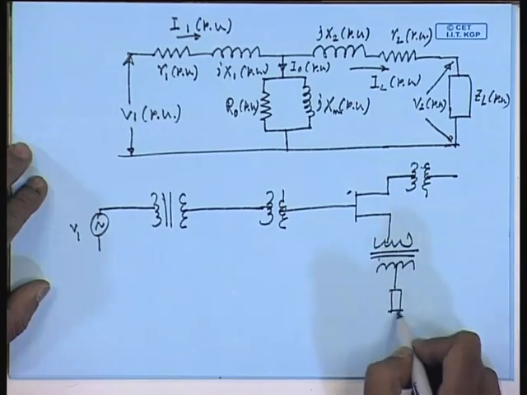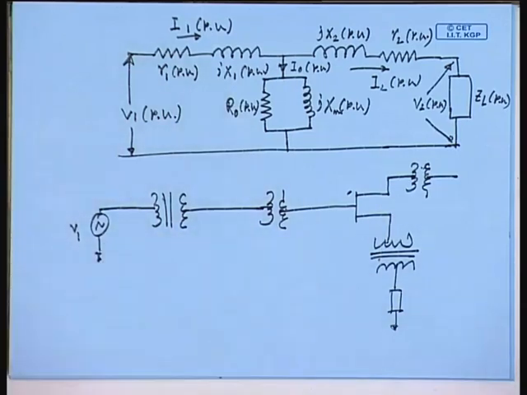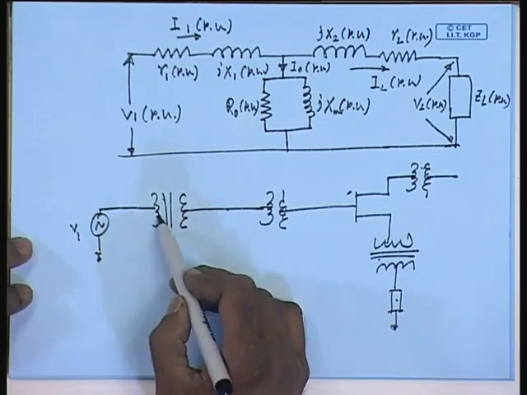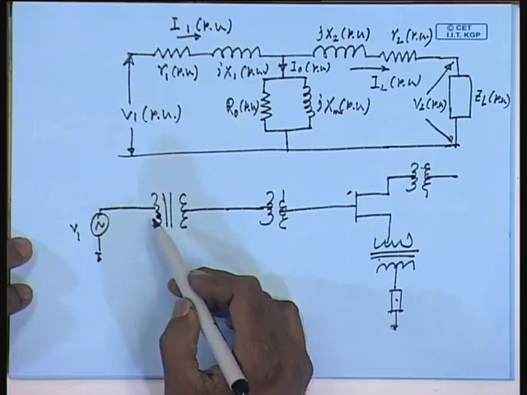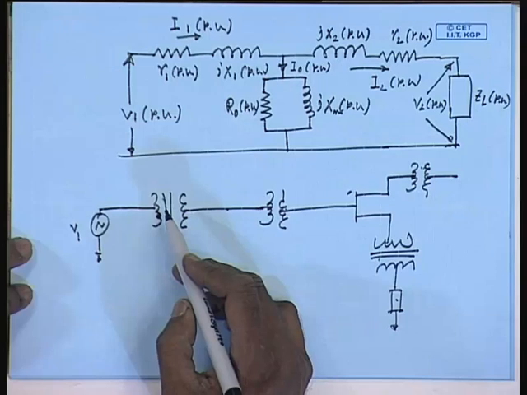Which may in turn supply the load. In such a situation, if we have to refer every impedance to a single side in order to solve the problem, it will be too complicated, and for a very large power system with literally tens of thousands of transformers, it will become completely impossible.